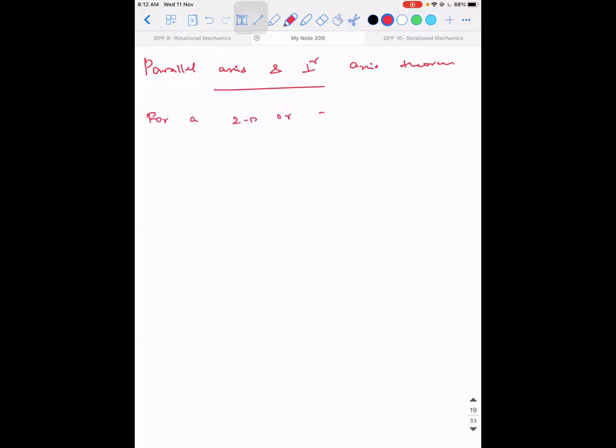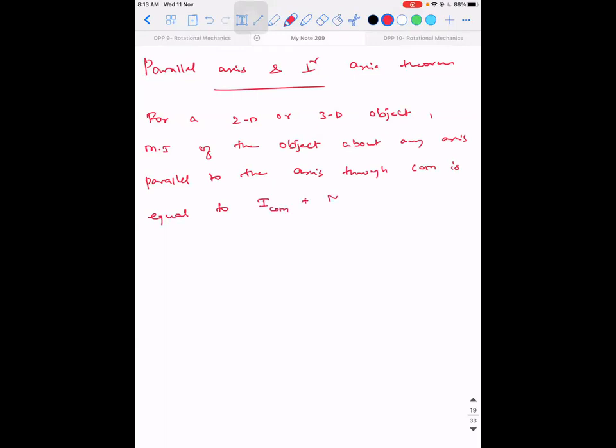For a 2D or three-dimensional object, the moment of inertia of the object about any axis parallel to the axis through the center of mass is equal to the moment of inertia about the center of mass plus the mass of the object times d square.